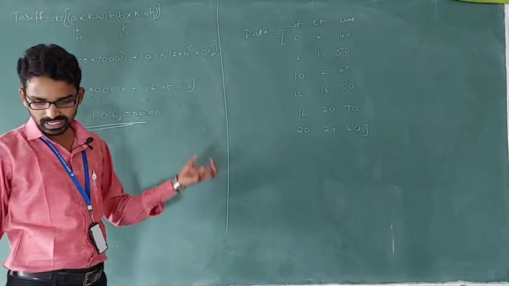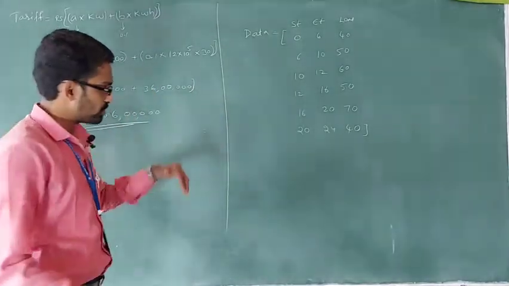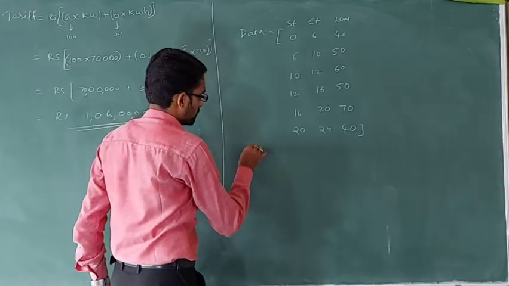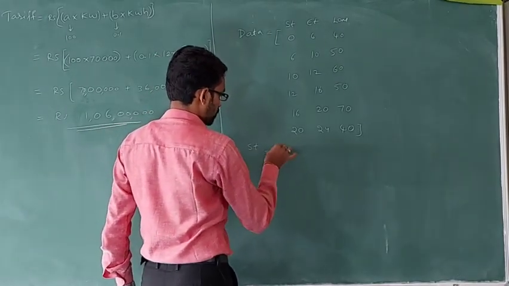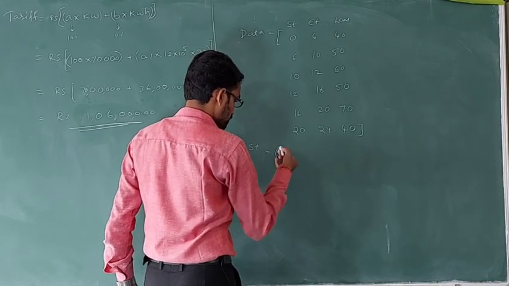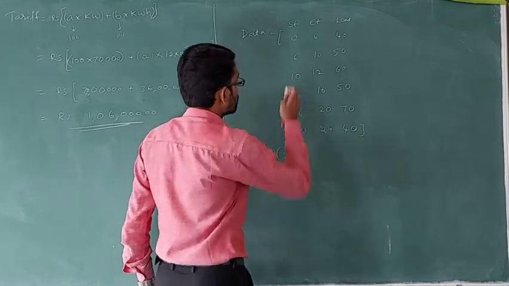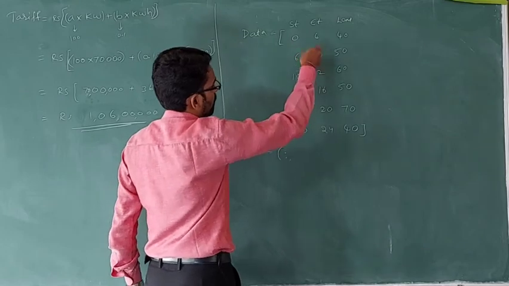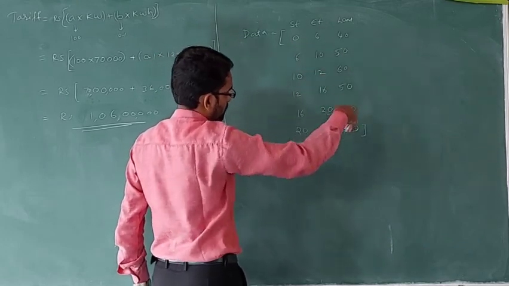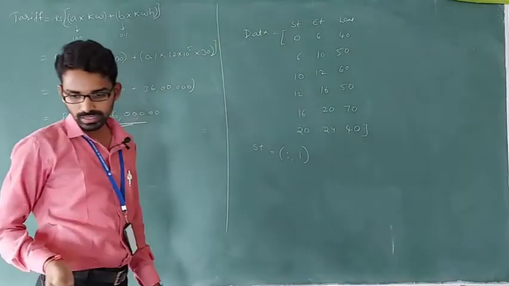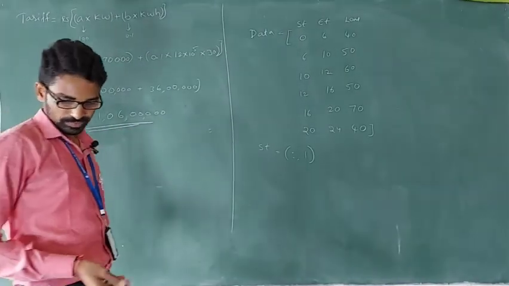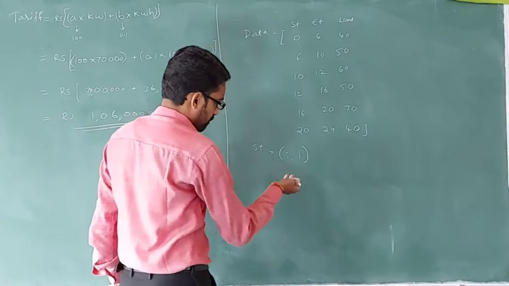So in order to fetch the data from the data function, if I want to fetch the starting time ST, just consider ST equal to colon, comma. Which column do you want to get? First column or second column or third column. So first column I need to get. So this is your program code: colon, comma, first column.